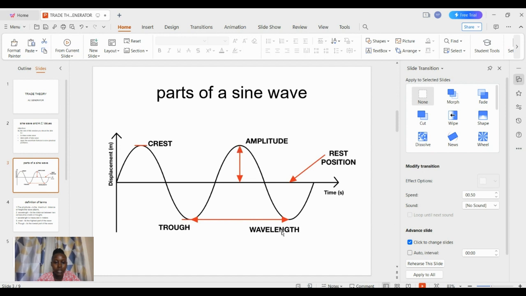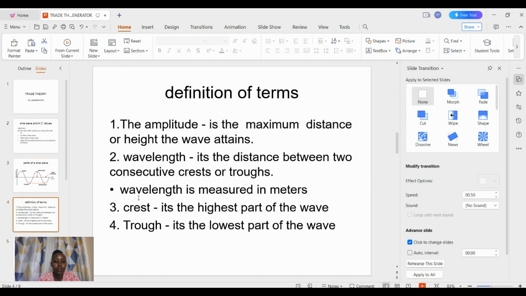We can also say that a wavelength is the distance from one crest to the next crest, or from one trough to the next trough. We are going to focus more on wavelength later on so as to achieve our third objective.